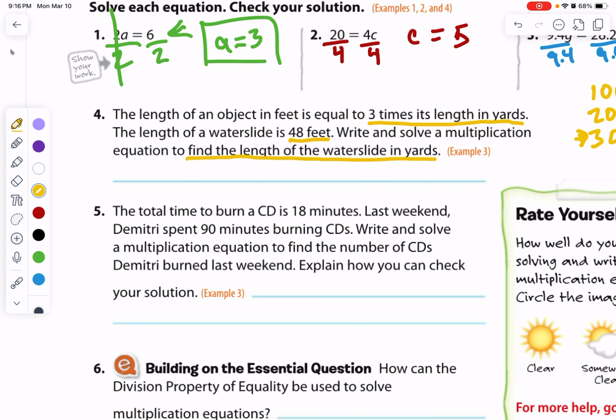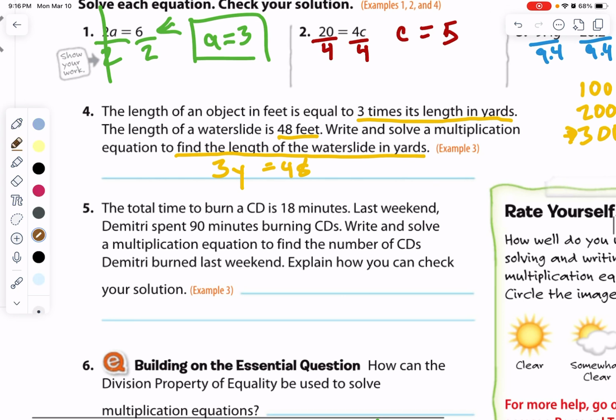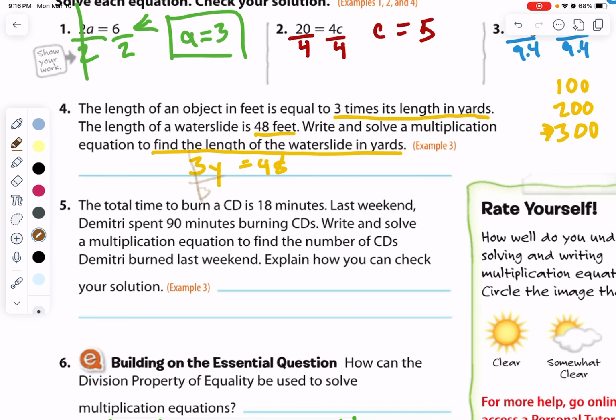Okay, so we know in feet it's 48. So 3 times the yards is how we would get 48 feet, right? Okay, so we're going to divide by the coefficient.